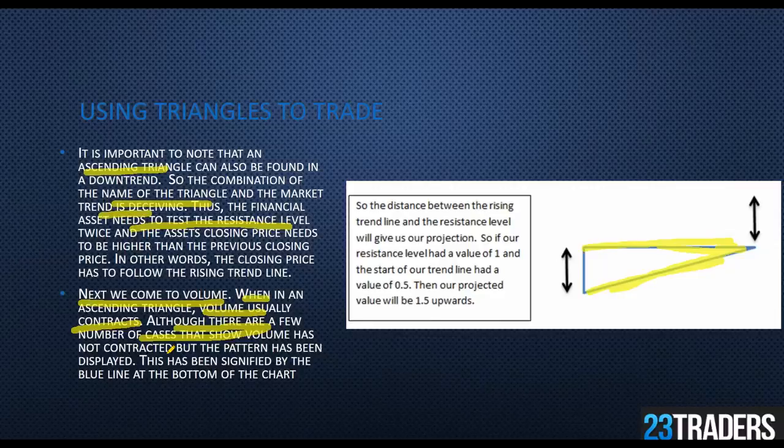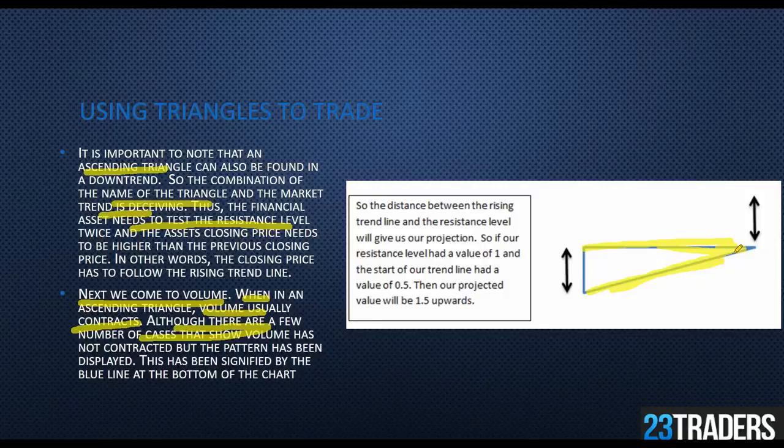If volume increases while the trend is happening, it means more and more traders are jumping into the market and supporting that trend. Okay. When volume contracts, it's telling you that the traders are getting indecisive. And when you're getting into the wedge of a triangle, the center of a triangle, you should be getting this drop in volume because the traders aren't sure where this is going to go.